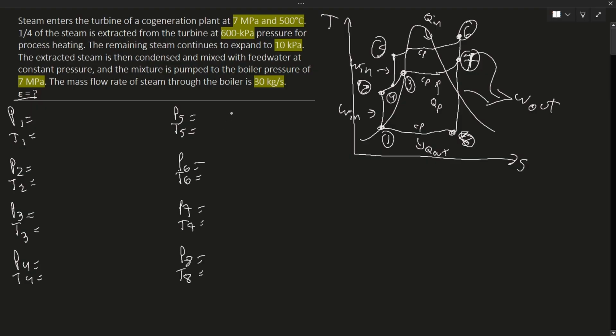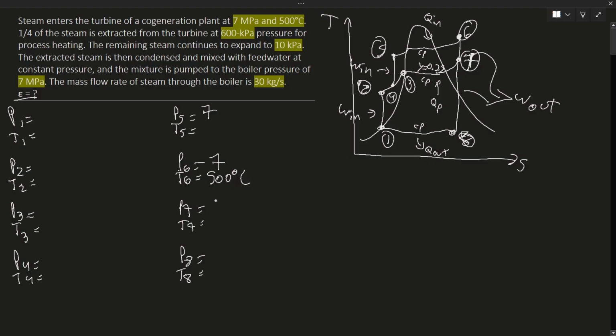Next, we start reading the question. It's saying that steam enters the turbine, which is over here at point 5, at 7 MPa and 500 degrees Celsius. Since over here is constant pressure, we also have P5 to be 7 MPa. It's just that the temperature changes. One quarter is extracted from the steam, so over here Y is equal to 0.25, from the turbine at 600 kPa.